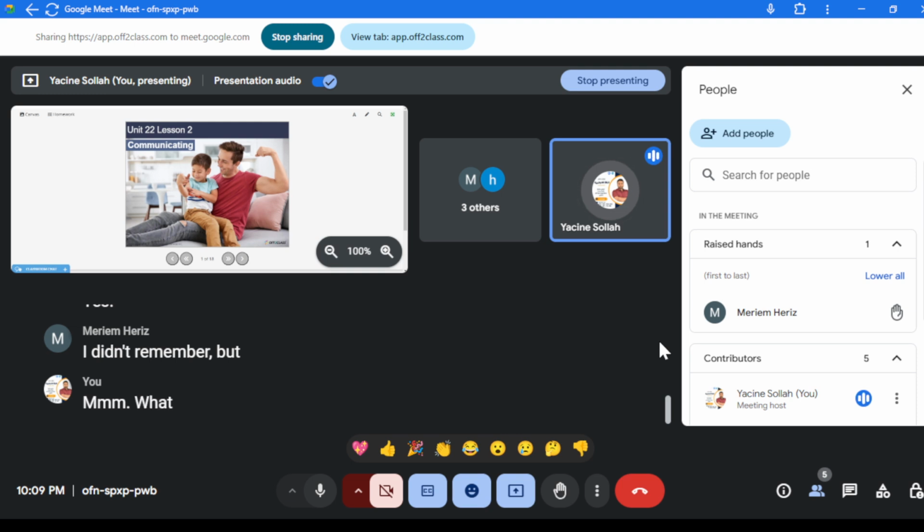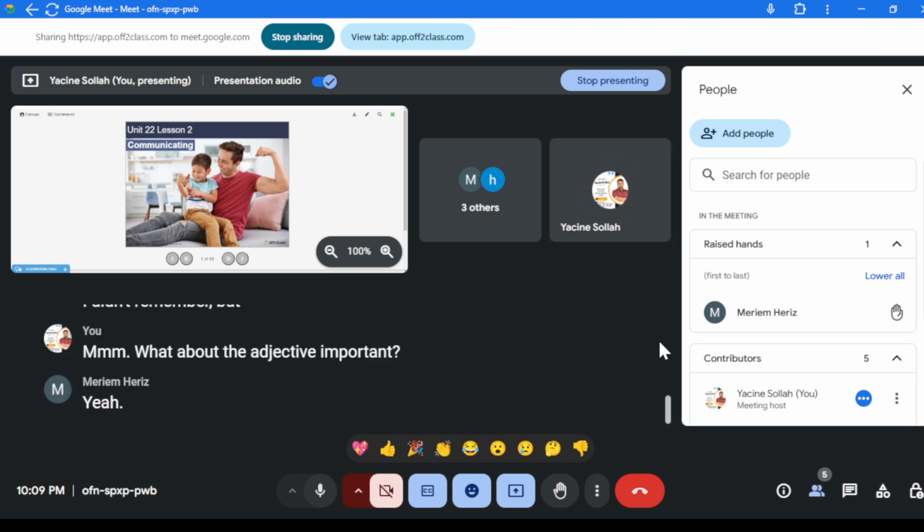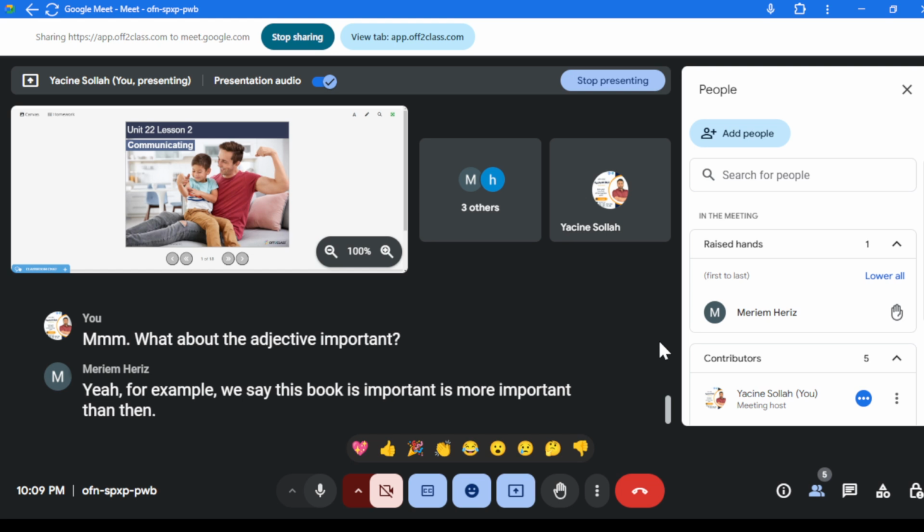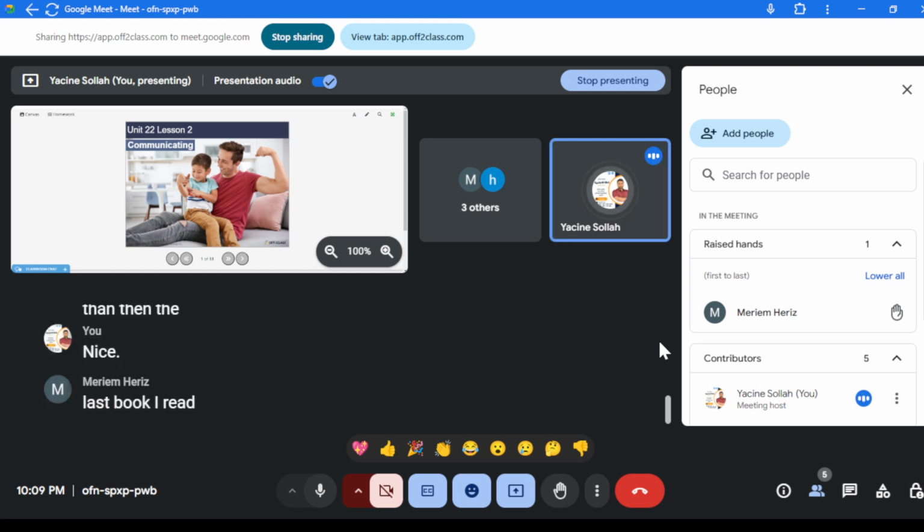What about the adjective important? For example, we say this book is more important than the last book I read. Nice. Very good. Yes, perfect.